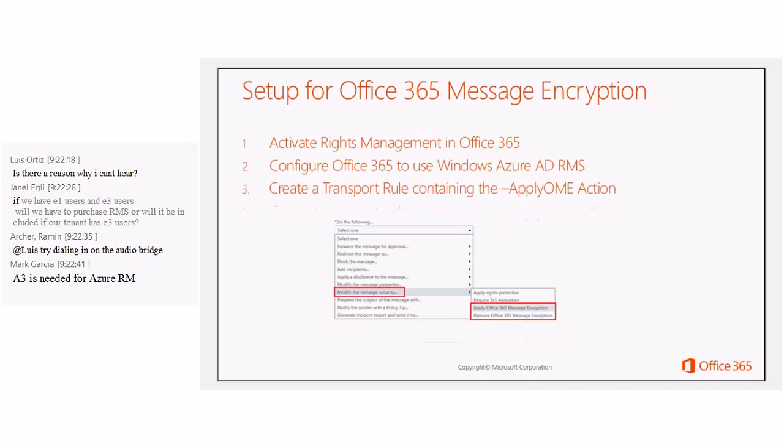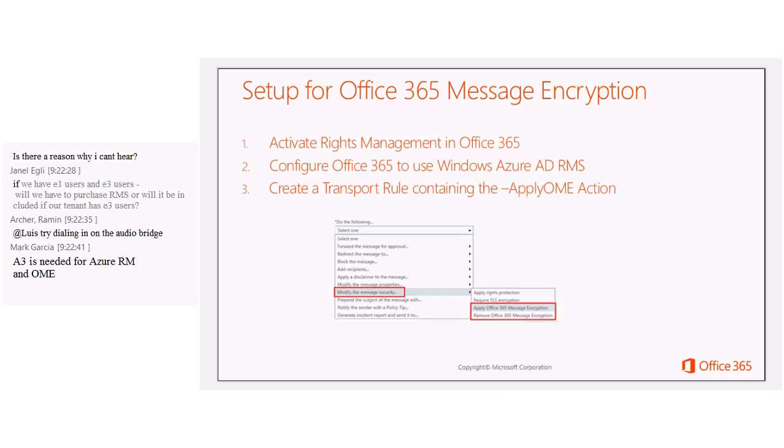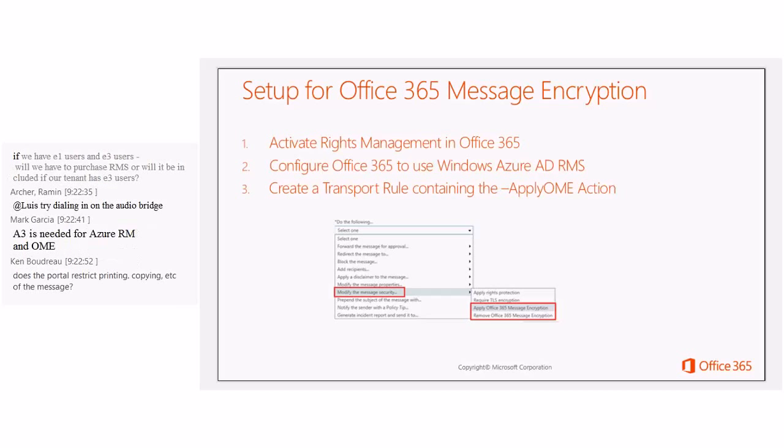And then finally, we would create a transport rule that contains the apply OME action to the message so that we can apply encryption to the message as it's being processed. Okay, so again, seems pretty simple, right?